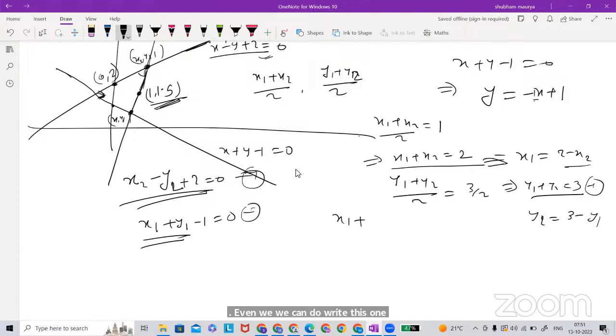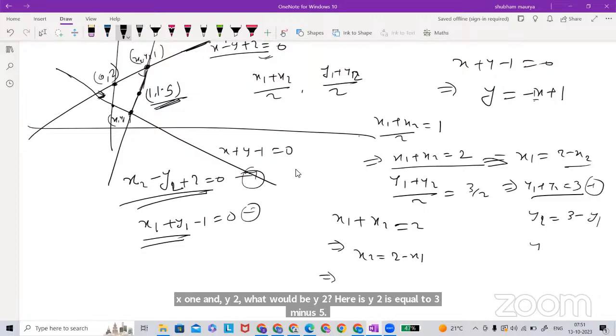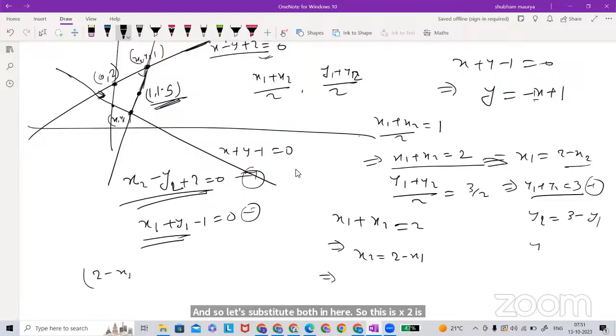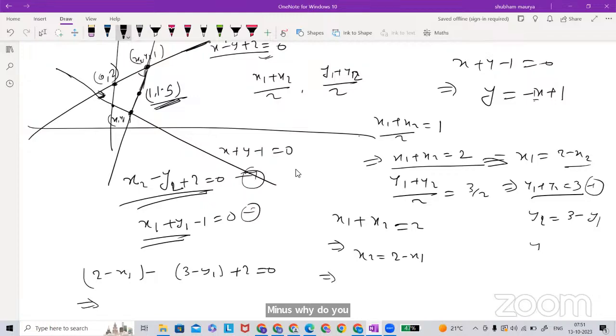This is x1 plus 2. So let me complete this one. This is minus x1, and what would be y2? Here y2 is equal to 3 minus y1. So let's substitute both in here. So x2 is equal to 2 minus x1, minus y2 is equal to 3 minus y1, plus 2 is equal to 0, right?